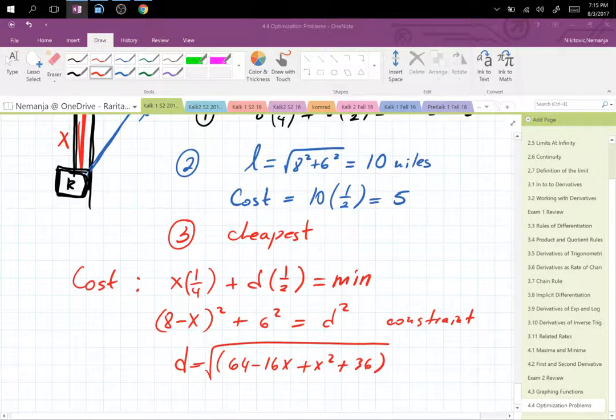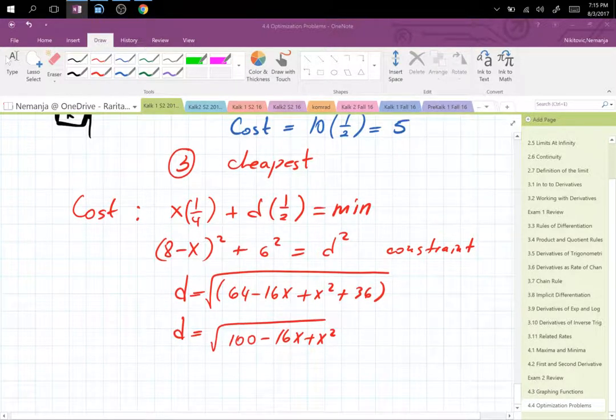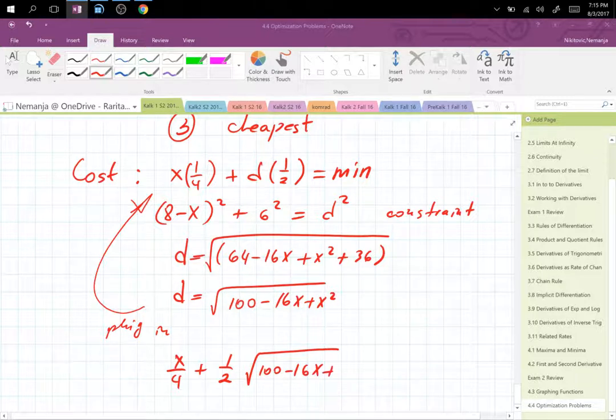So d is equal to the square root of 100 minus 16x plus x squared. And now you plug that in. And you have x over 4 plus 1/2 times the square root of 100 minus 16x plus x squared equals a minimum.